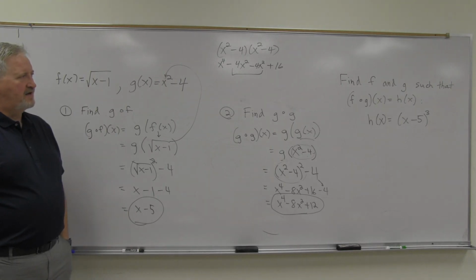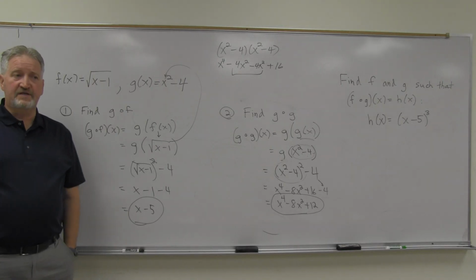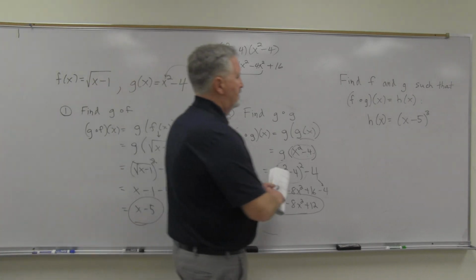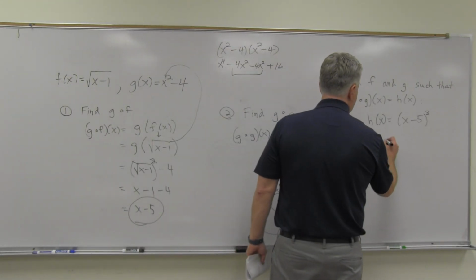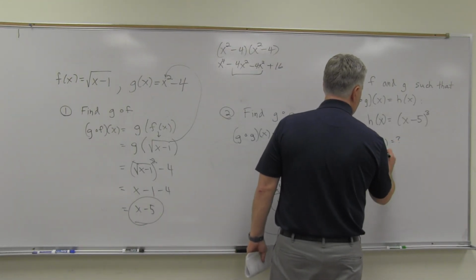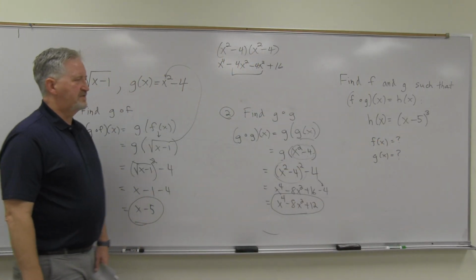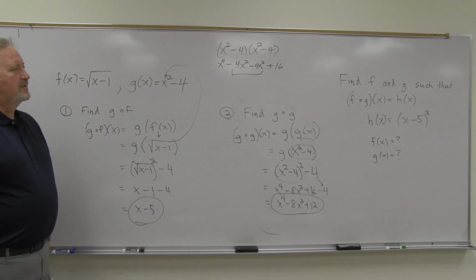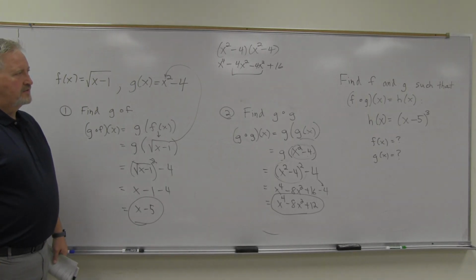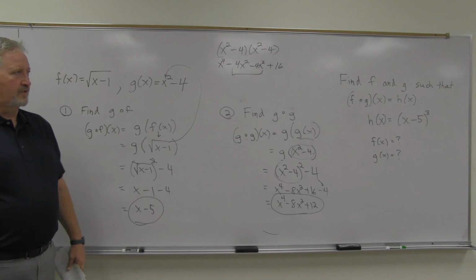I want to find f and g such that I want to find f of x and g of x that would make this composition be x minus 5 cubed. That's basically what I want.